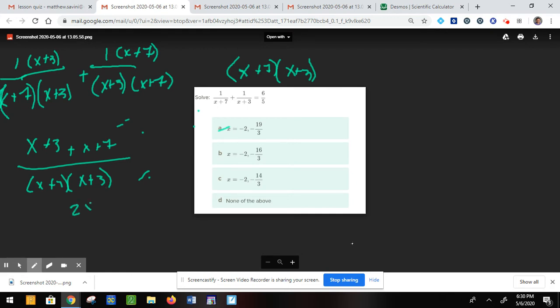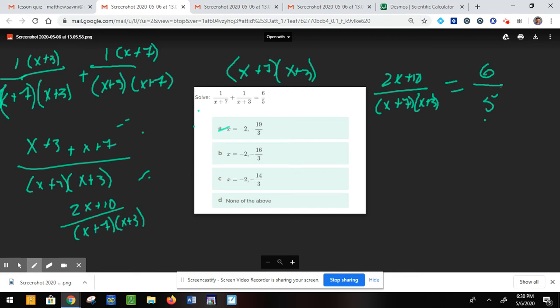So it'll be 2x plus 10 over x plus 7 times x plus 3. Right, that fraction, I'll write it here, is equal to 6 over 5.